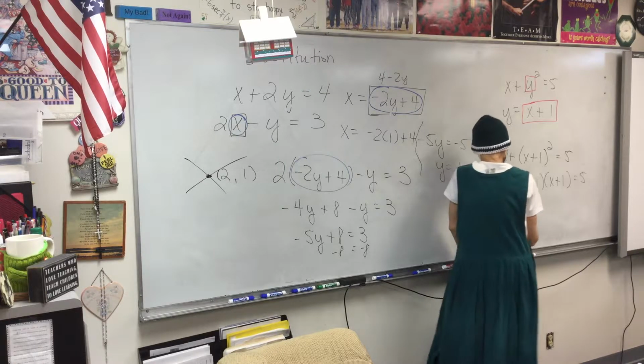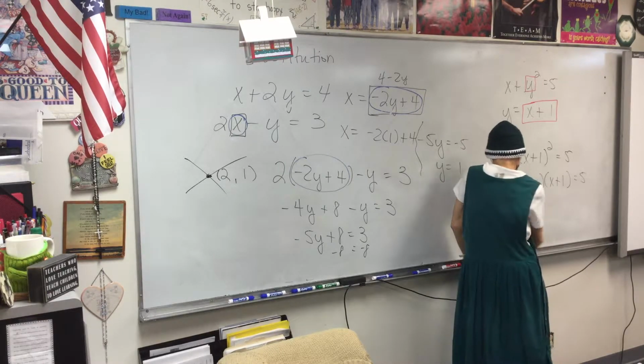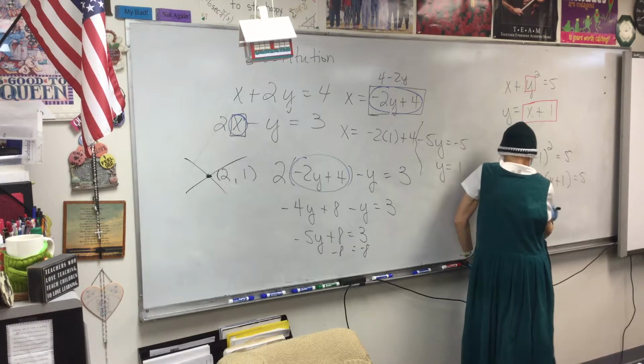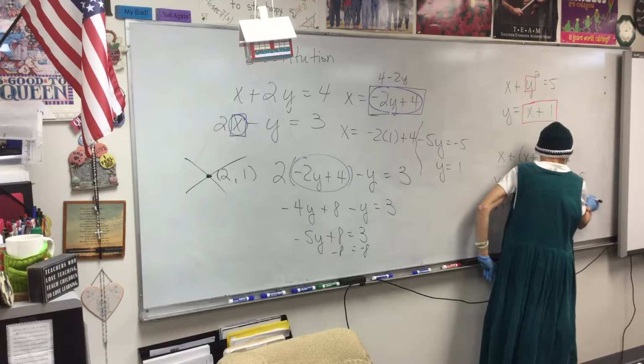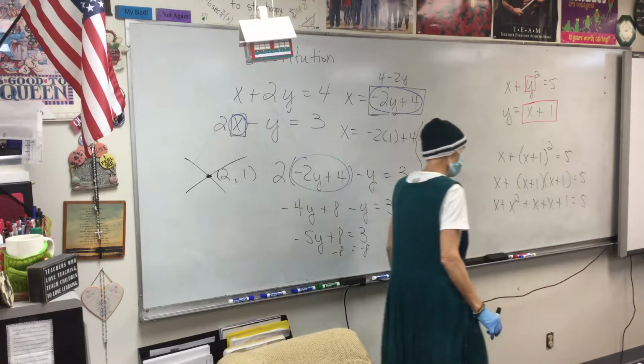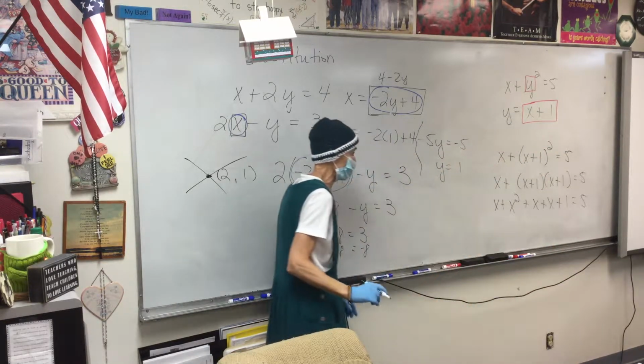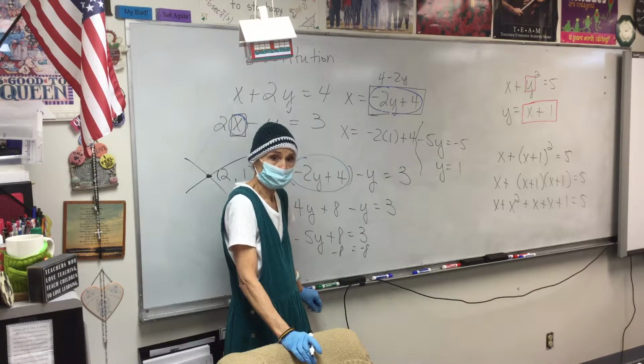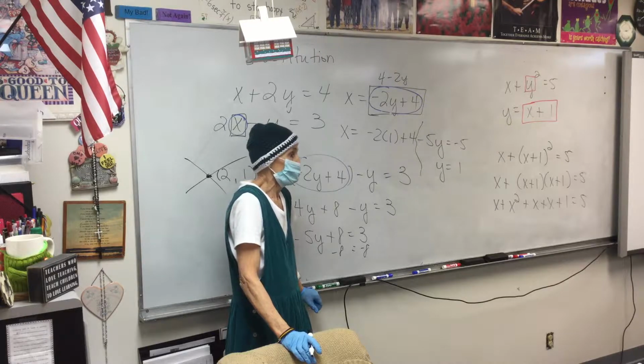So here we go. Let's foil. Tell me what you get when you foil. X squared, plus x plus 1. I'll write it out. It is 2x, Julian, but I'll go ahead and write it out. Check the foil. You all right with that? Okay.